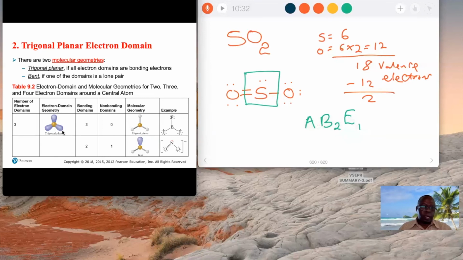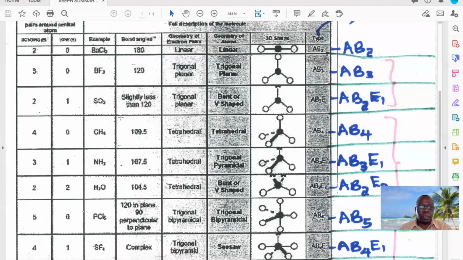Instead of just looking from here, it might not really help you out. I'll just go here and look at the 3 domains, 2 bonds with a lone pair on the central atom. If I add this and this, these 3 domains, all right? And the shape is bent. So this will be molecular geometry.